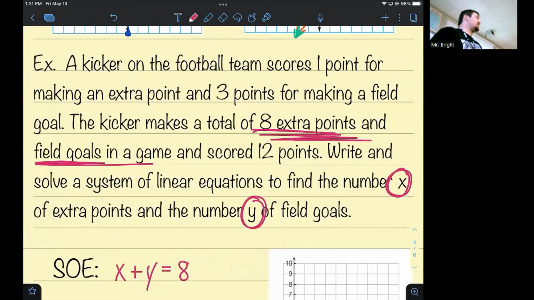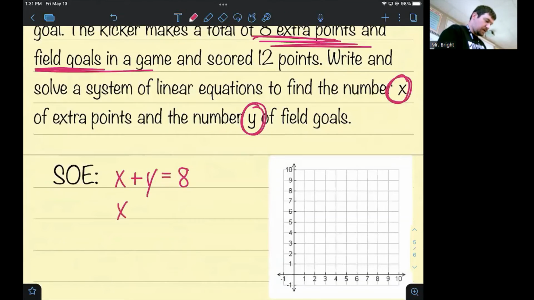So think about how many points each of them is worth. Dawson, you can give it a shot? That's right. Nice job. So an extra point is worth 1 point. So 1x, or x, plus 3y, because each field goal is worth 3 points, equals a total of 12.